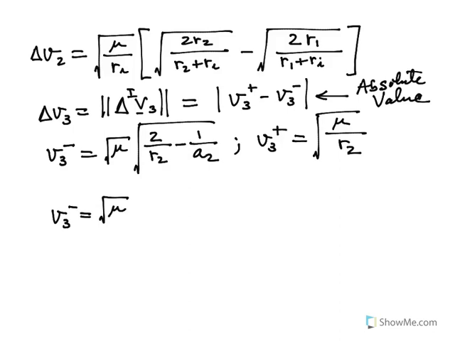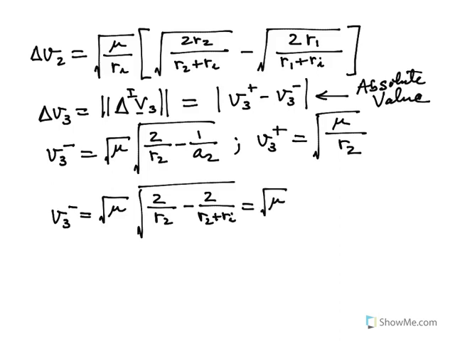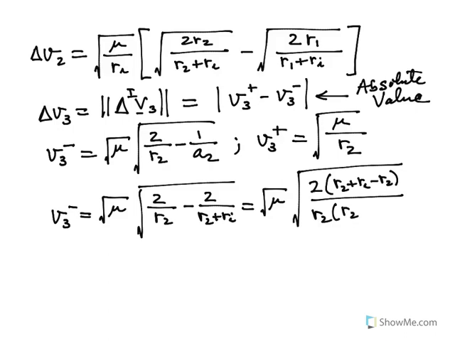It's the square root of mu times the square root of 2 over R2 minus 2 over R2 plus Ri, which is equal to the square root of mu times the square root of 2 times R2 plus Ri minus R2, all divided by R2 times R2 plus Ri.